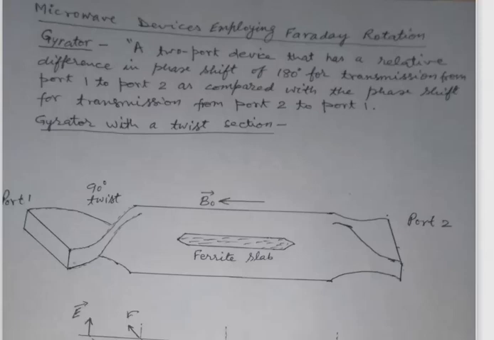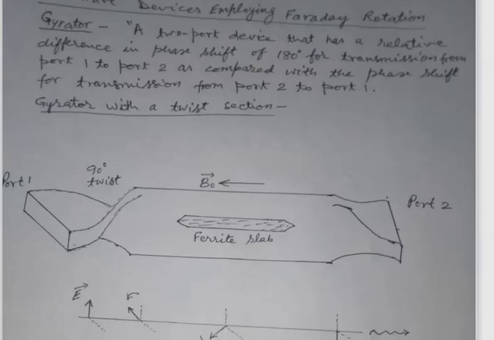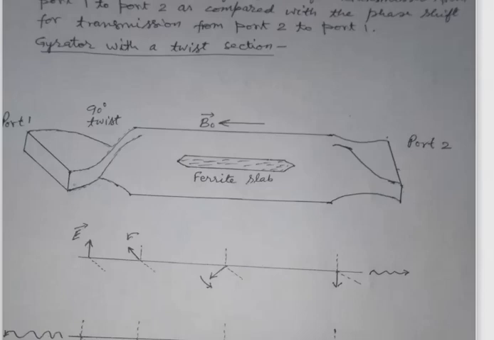In this figure we have shown a two-port device in which the input and output ports, namely port 1 and port 2, are rectangular waveguides, and these two waveguides are connected with the central part, which is a circular waveguide.